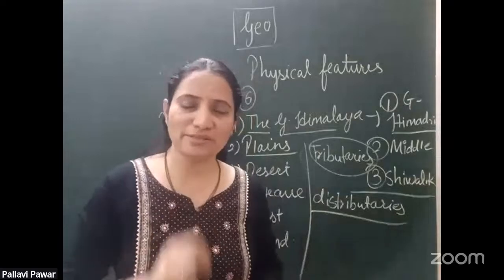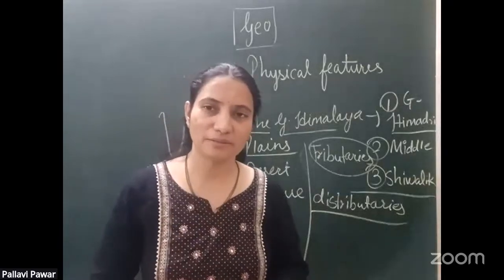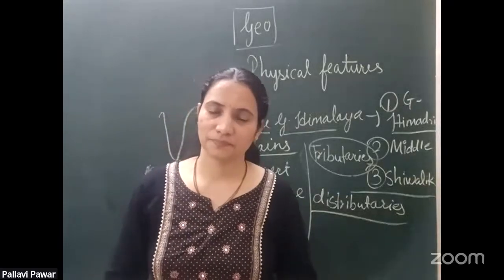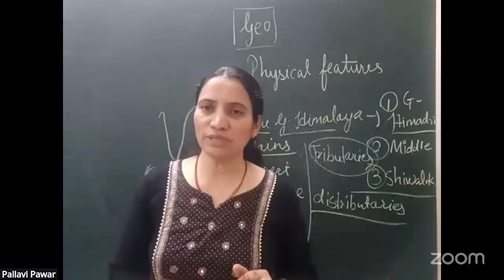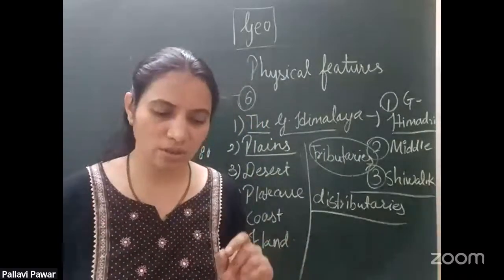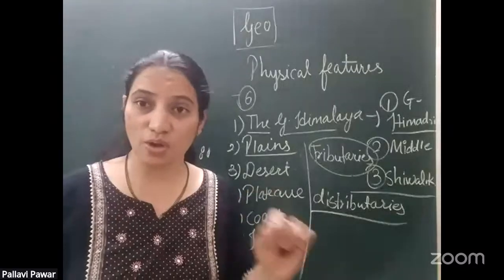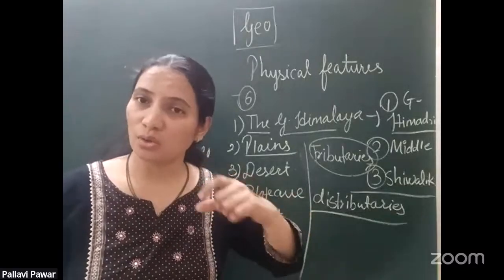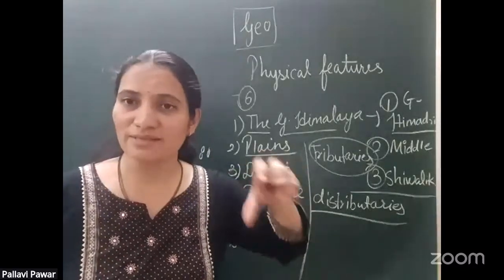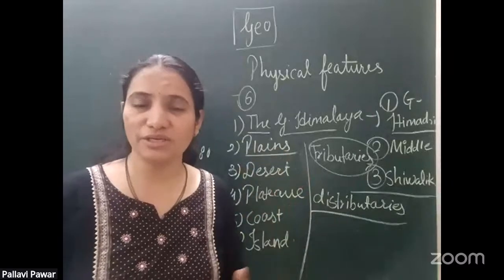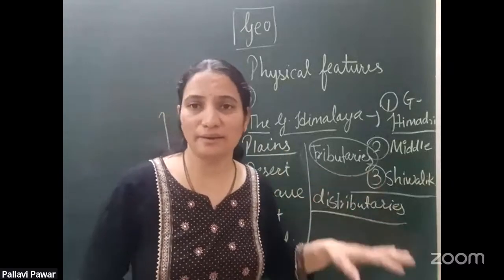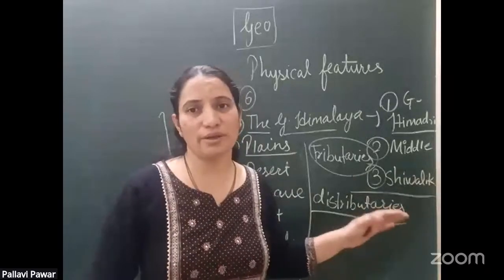Do you know the longest river of the northern part? Ganga. But you know that Indus has a long course as compared to Ganga. But if you're talking about our country India, Ganga has the longest course.